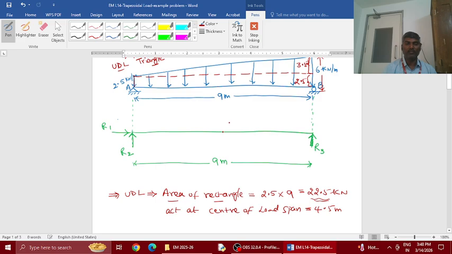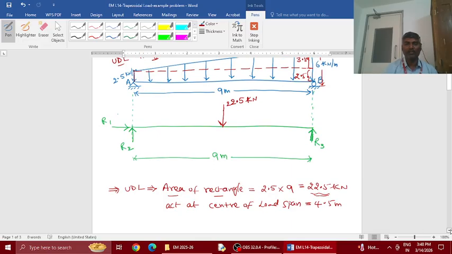So let us apply the point force, which is 22.5 kilonewton. Now this is the equivalent force to the uniform force here. What is remaining is the triangle load.